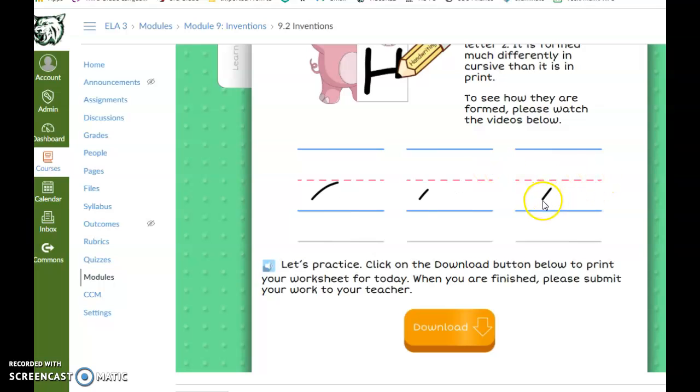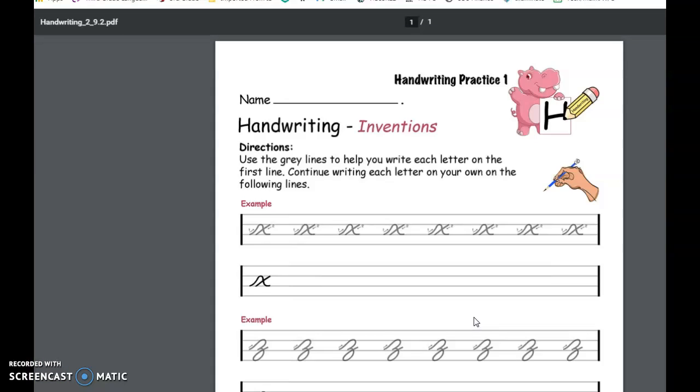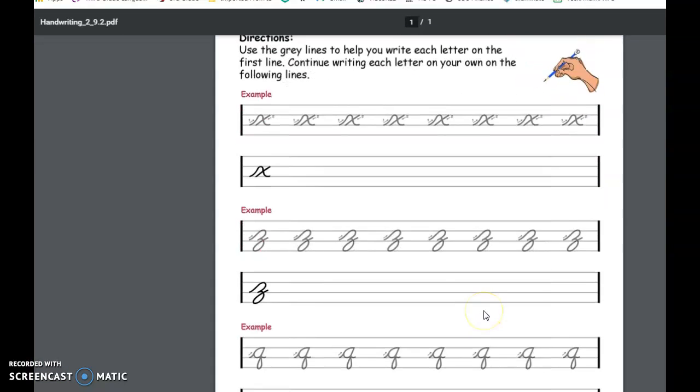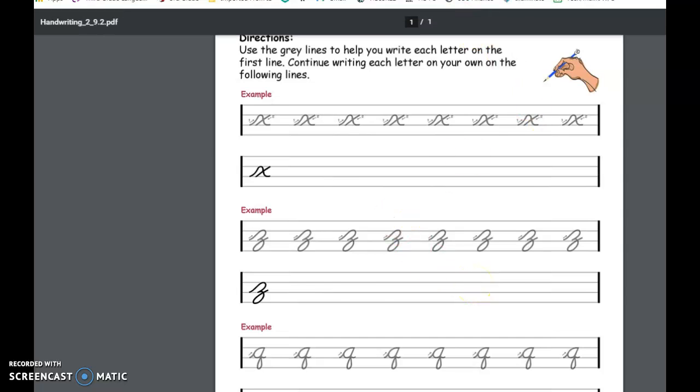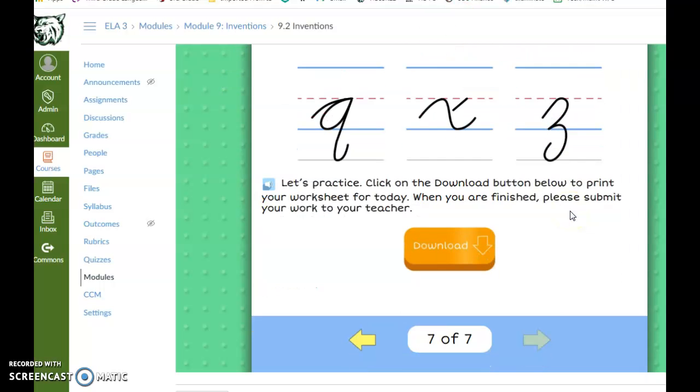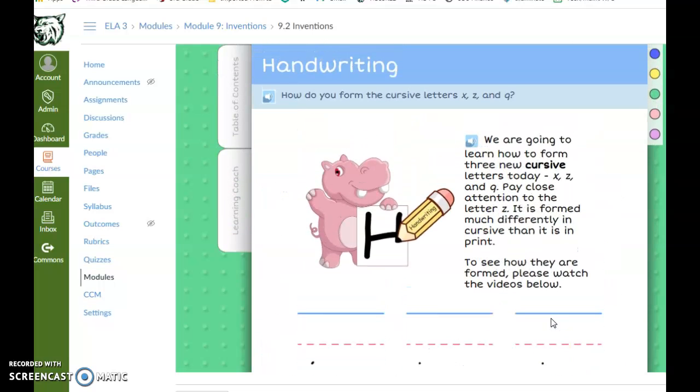And then we have our Z. And there is a page in your packet for you to complete on that. So that is page 141. And that is it for today. So once you complete those pages and go through that slide, that is it for lesson 9.2. All right, have a great day.